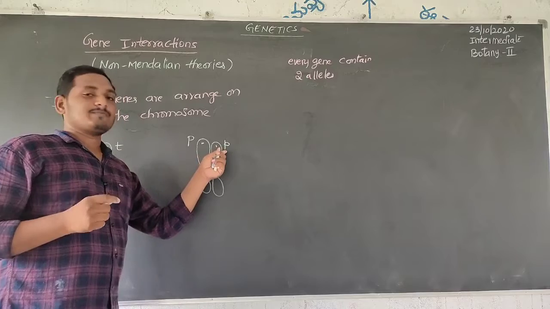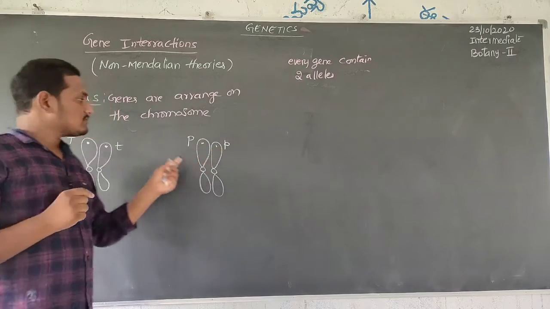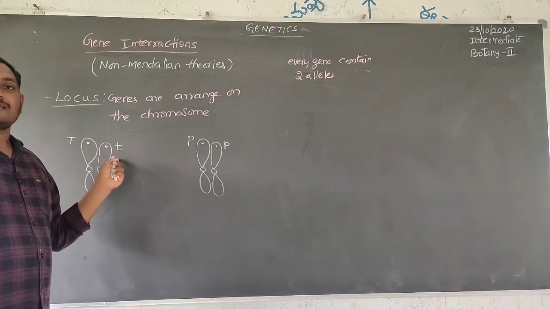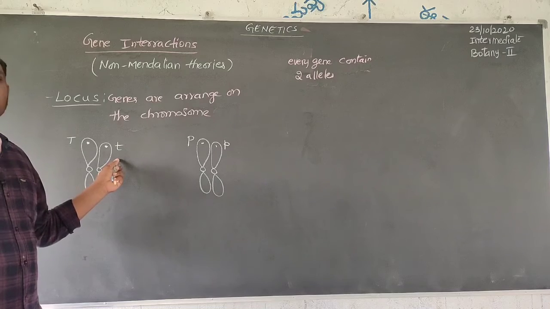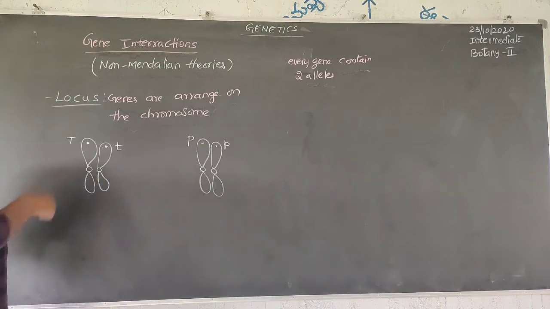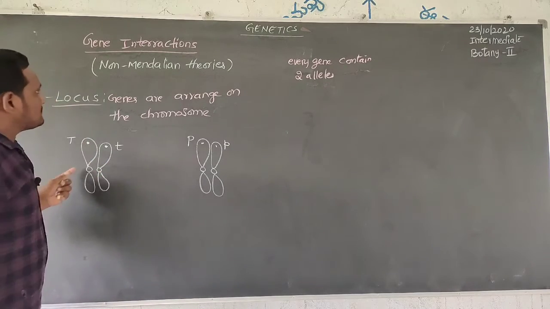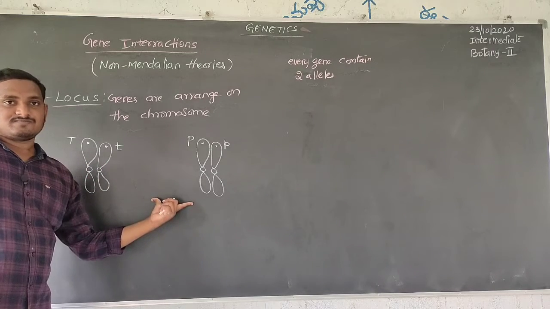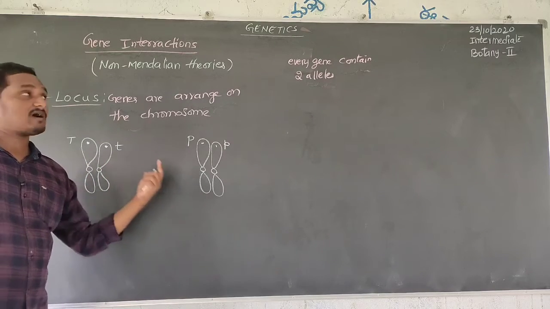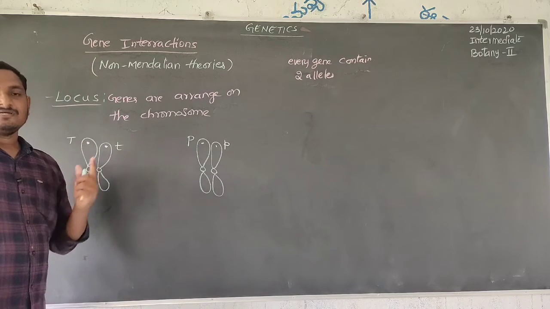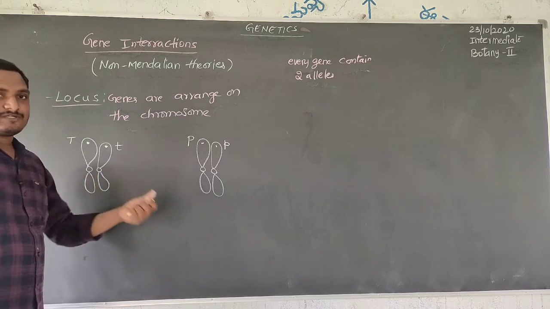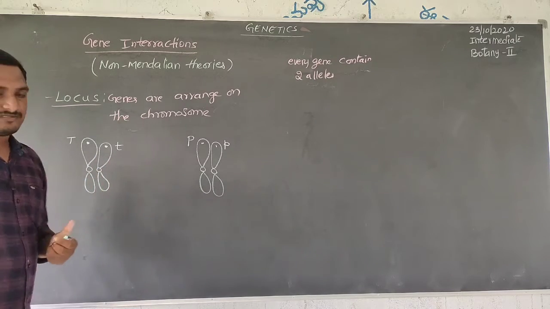This capital P, small p, they come under only one gene. So two alleles come under only one gene, treated as one gene. So interactions between these two genes is gene interaction. Gene interaction means interactions between two genes.